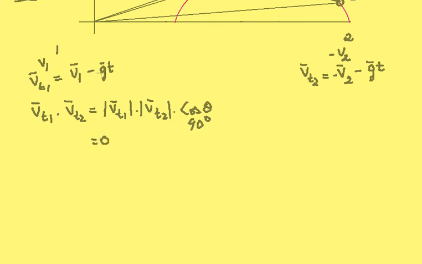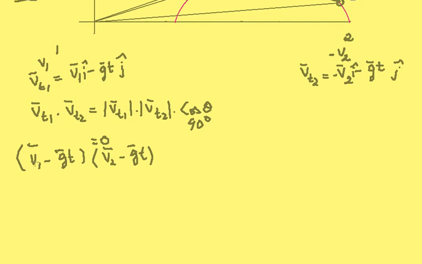So if I substitute these values, v1 bar minus g bar into t, multiplied by minus v2 bar minus g bar into t. I have ignored the directional cosines of i and j in this case. If I were to have an i cap here, this would be j cap. Similarly, I would have an i cap and a j cap here.